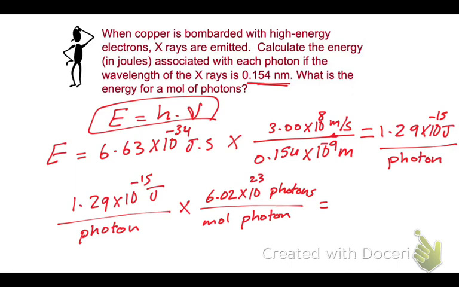And when I do my math, the answer will be 7.78 times 10 to the power 8 joules per mole of photons.